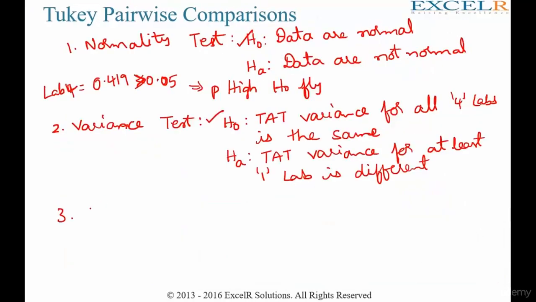So we need to now perform the ANOVA test, analysis of variance. Here also we need to write down the null and alternate hypothesis.